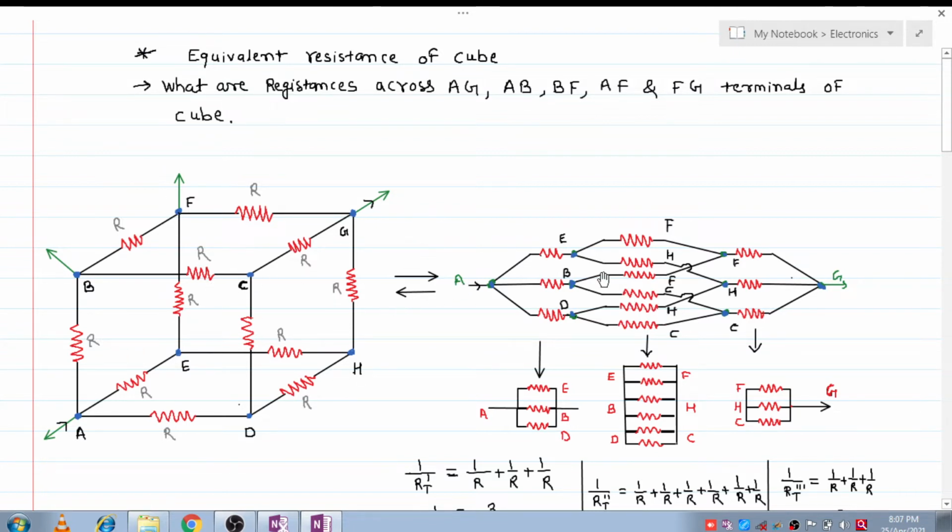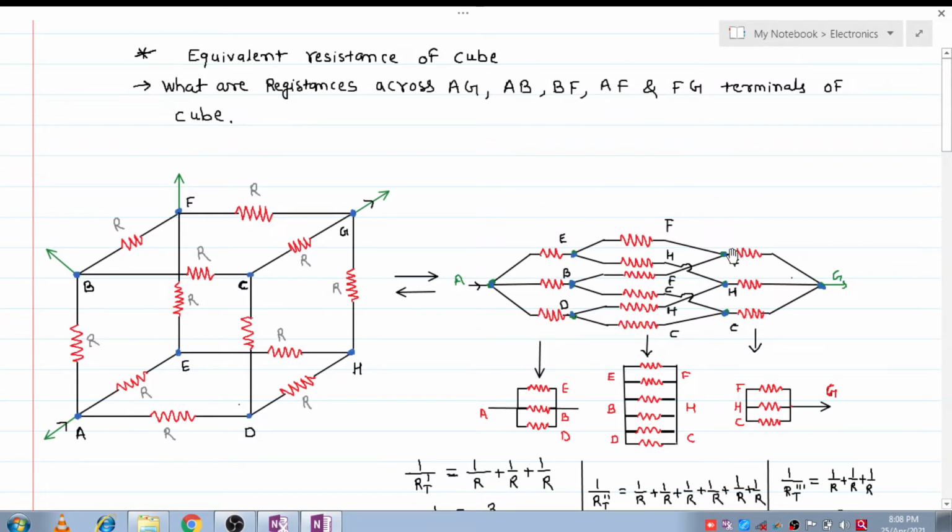Here, this E point, B point and D point are equivalent points.